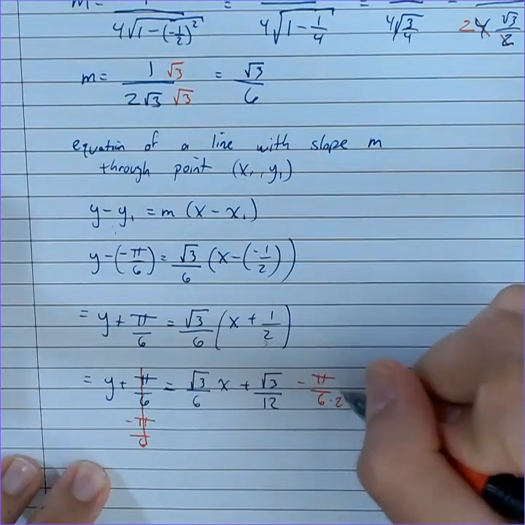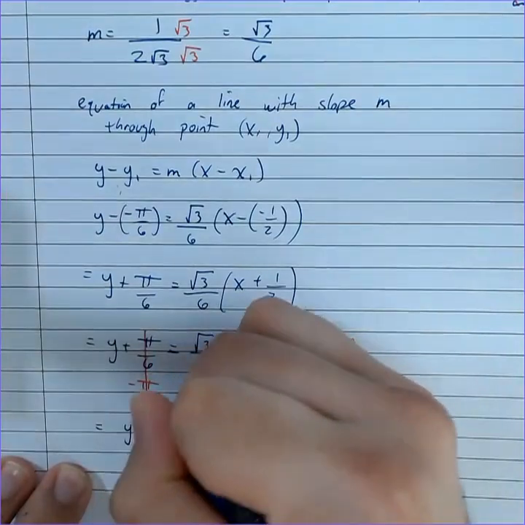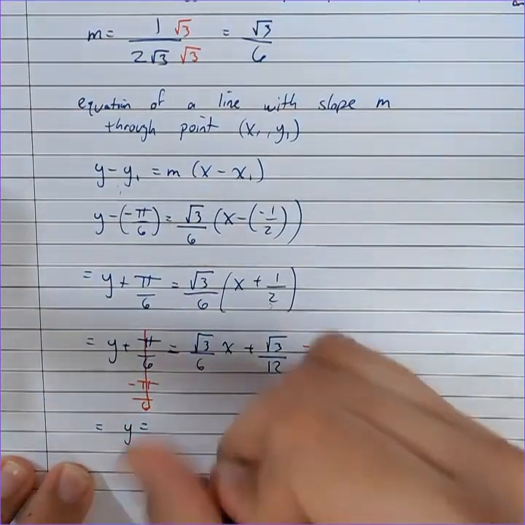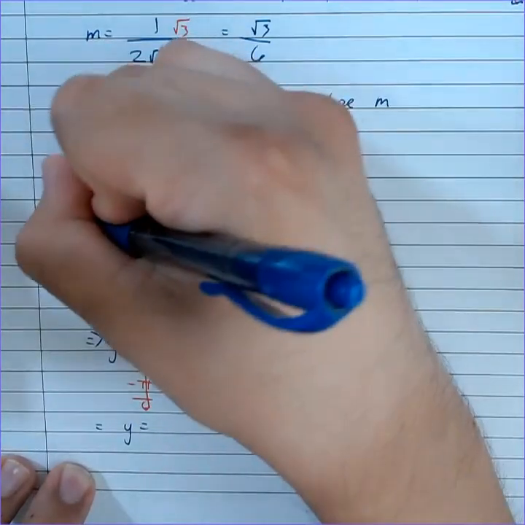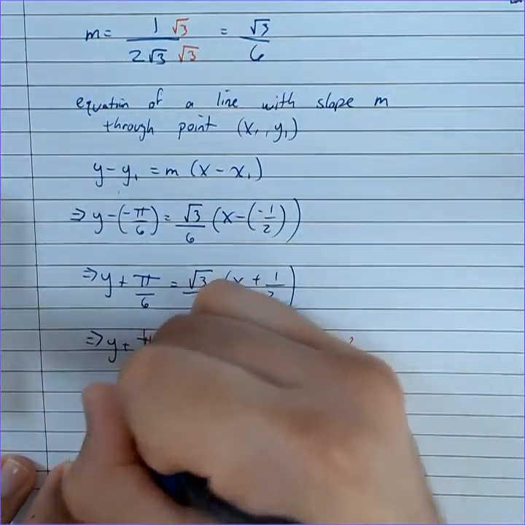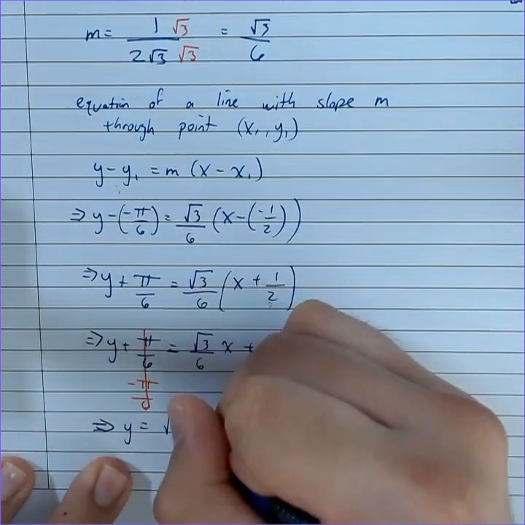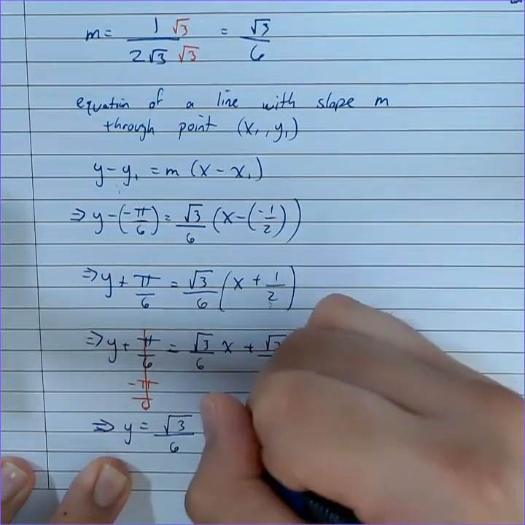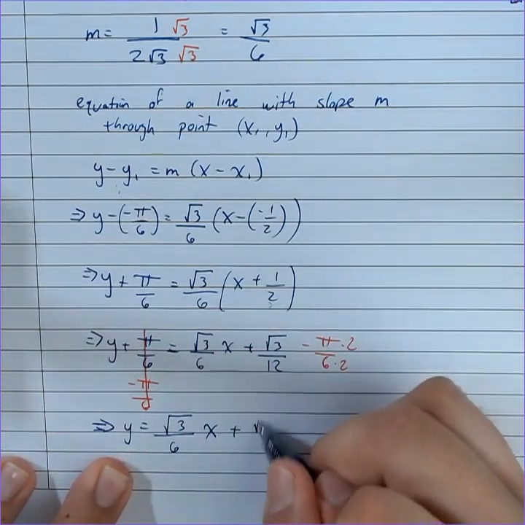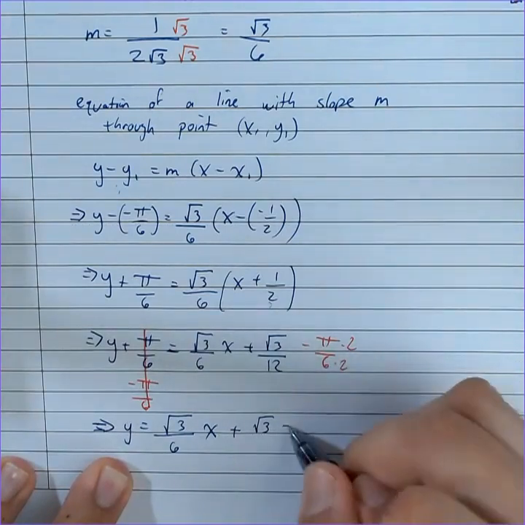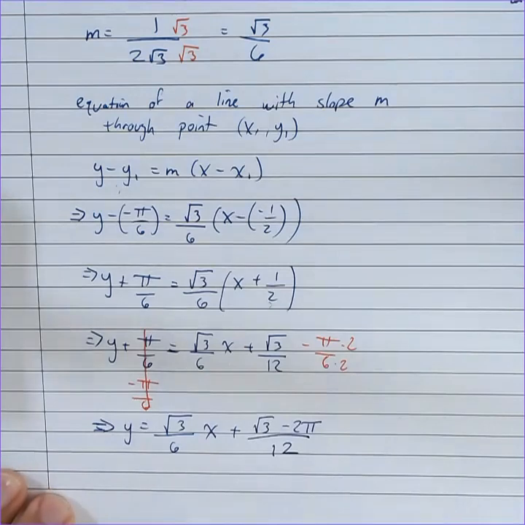Here I can give these a common denominator by multiplying top and bottom by 2, and my tangent line is going to be y equals, that's an inappropriate use of an equal sign, isn't it? It should be that gives us, that implies. Y is equal to the square root of 3 over 6 times x plus root 3 minus 2 pi over 12. And there we go.